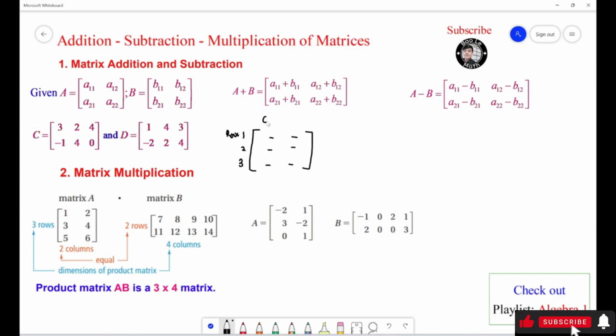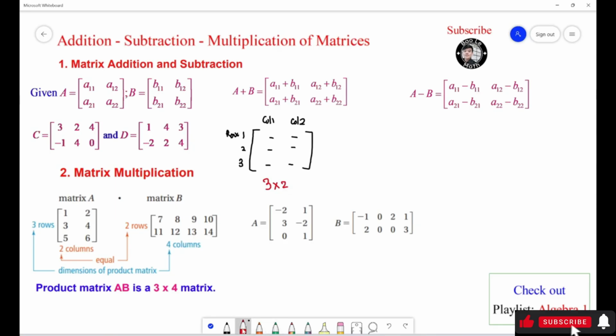This is column 1, column 2. So how do we name the dimension of the matrix? We say rows first and columns second. We count how many rows? 3 rows, so it's 3. Columns, how many? 2 columns, so it's 3 by 2. So the dimension of this matrix is 3 by 2, which means 3 rows, 2 columns.